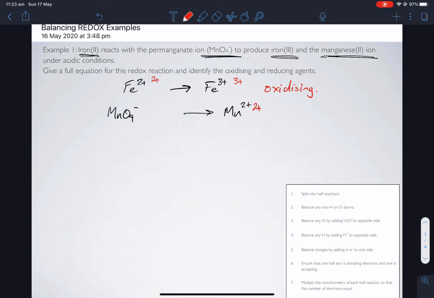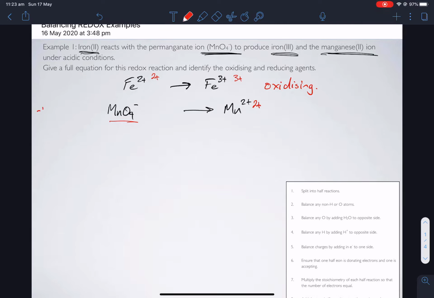Remember though, for the permanganate ion on this side, the sum of the oxidation numbers for all the atoms present equals the overall charge on the polyatomic ion. So the overall charge is -1, and it's going to equal the sum of the oxidation numbers of 1 Mn plus 4 times O, and that all equals -1.